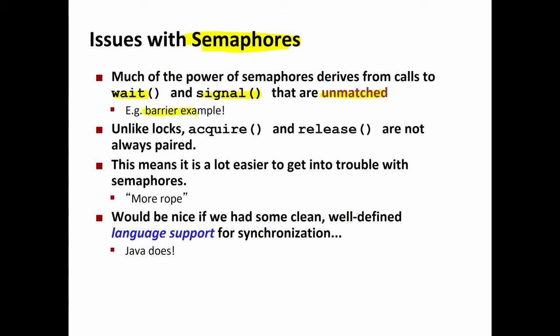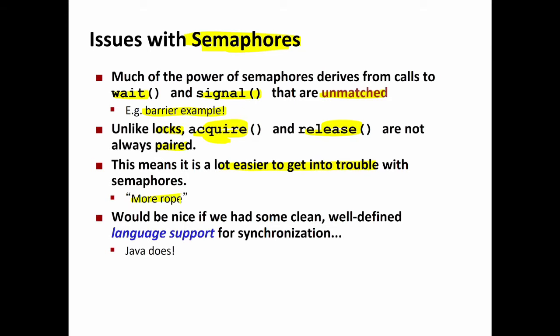For example, consider the barrier example, where wait and signal are very different. This is different from the other locks we have seen, where lock and acquire or release are always paired but their power was limited. Semaphores are more powerful, but it's also a lot easier to get into trouble.